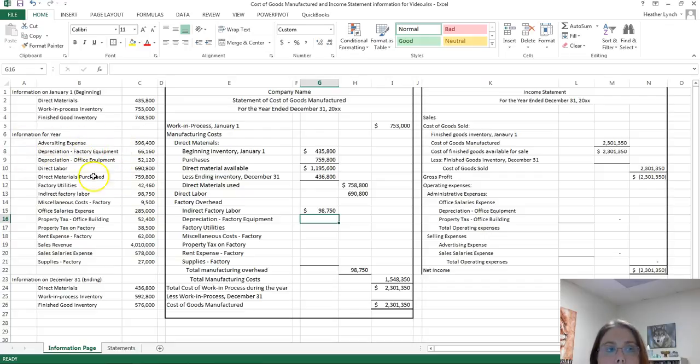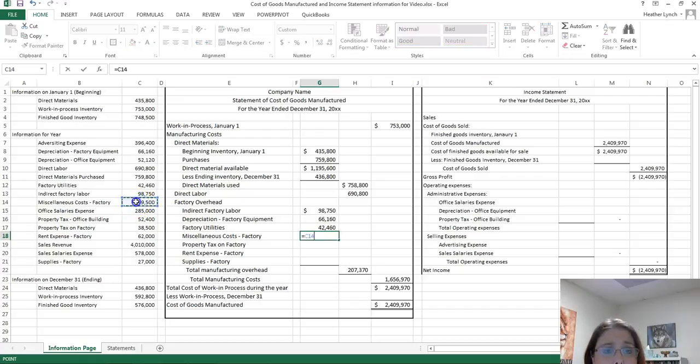I have depreciation for factory, I have depreciation for office. I'm only going to put in the depreciation for the factory equipment. We have factory utilities. So that one is $42,460. We have a miscellaneous cost for factory.